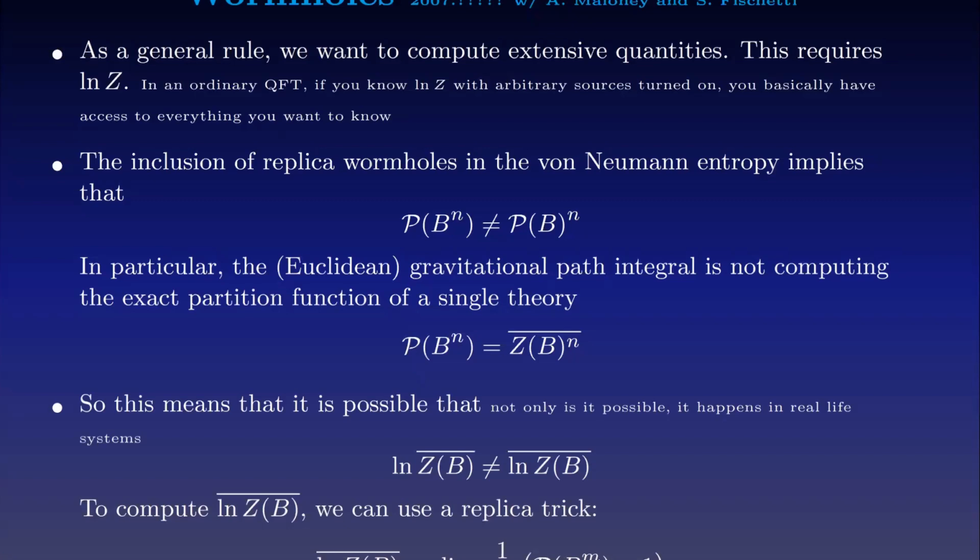And so since what we really want is the ensemble average of log Z, we would like to compute that. And to do so, using the gravitational path integral, we can implement a replica trick. So this is analogous, but not the same. It's a distinct replica trick from the one that we normally use to calculate the Renyis.